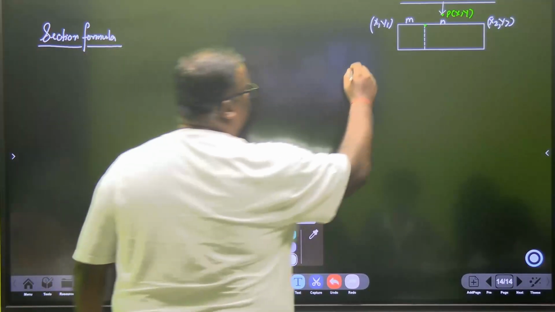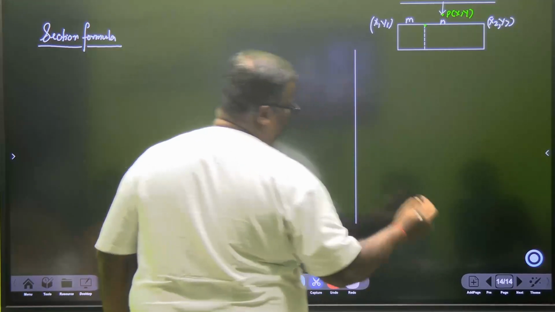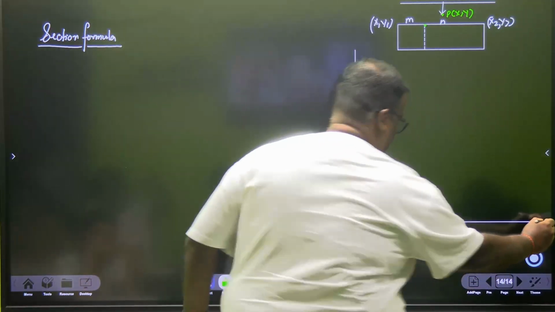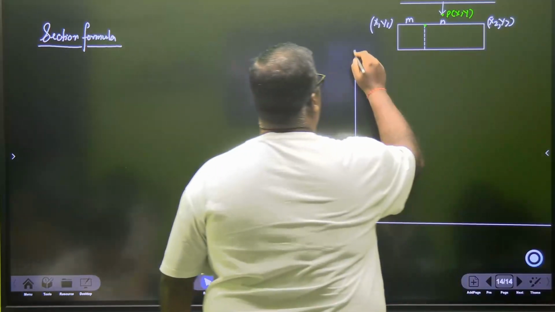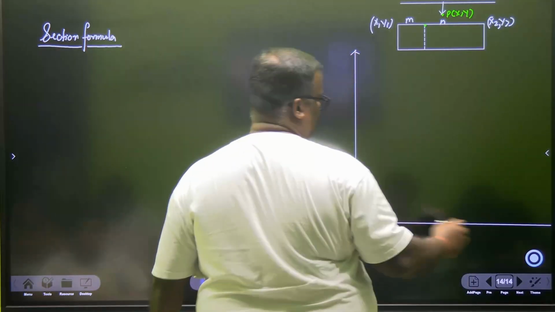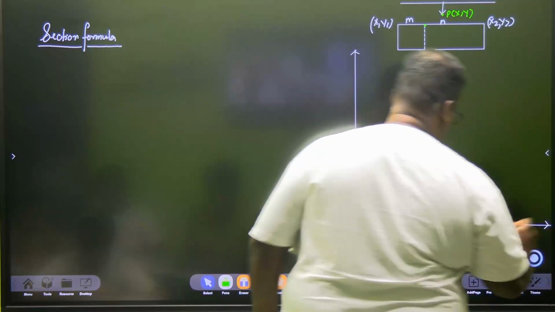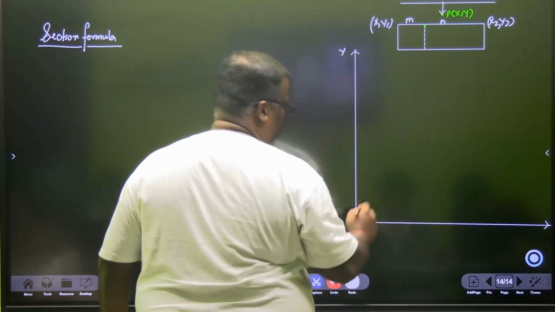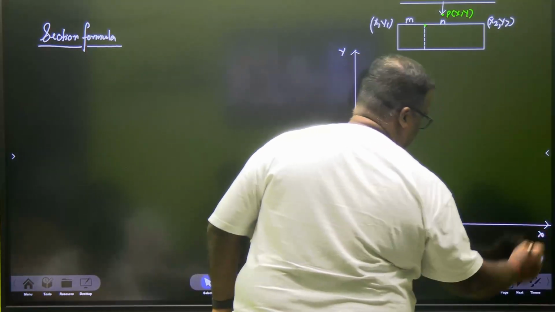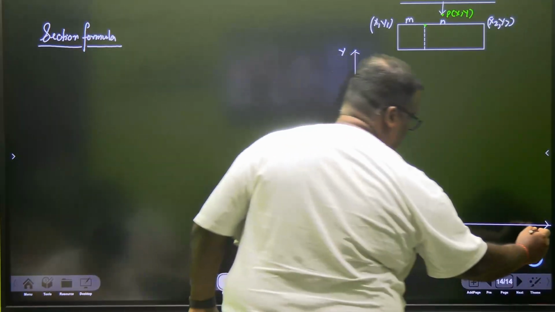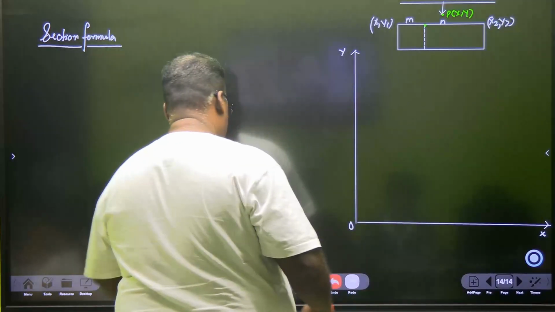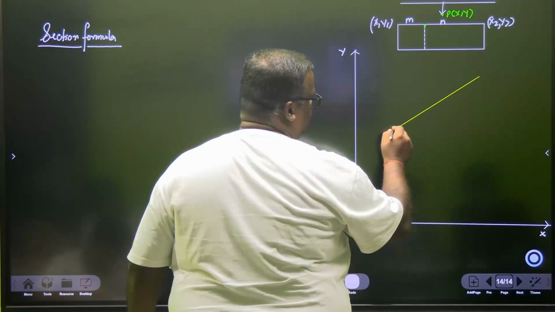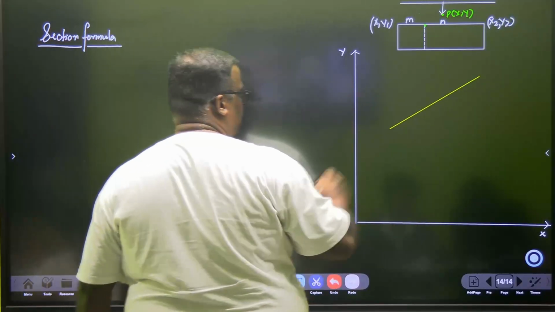So our job starts now with a given line segment AB or say PQ.